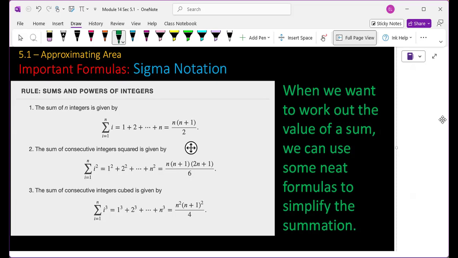I want to know the sum of the first n squares, 1 squared plus 2 squared, then I have this n times n plus 1 times 2n plus 1 all over 6. And if it pops up, the sum of consecutive cubes is n squared times n plus 1 squared over 4, which strangely enough is the result from number 1 squared.